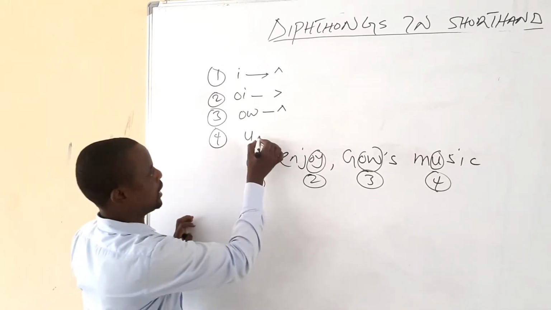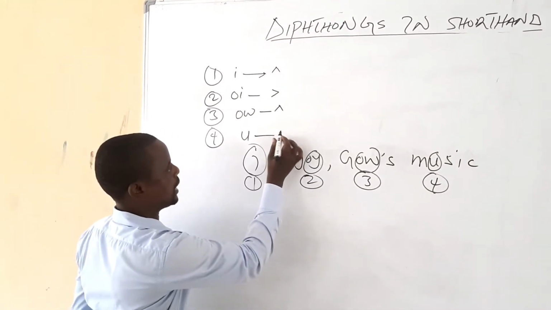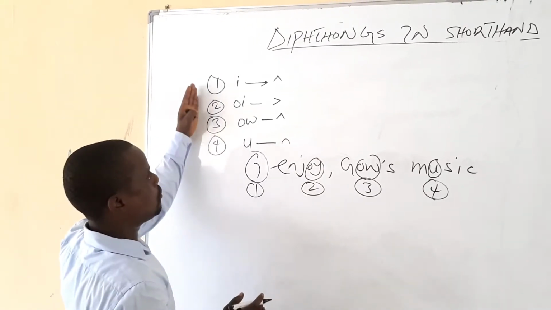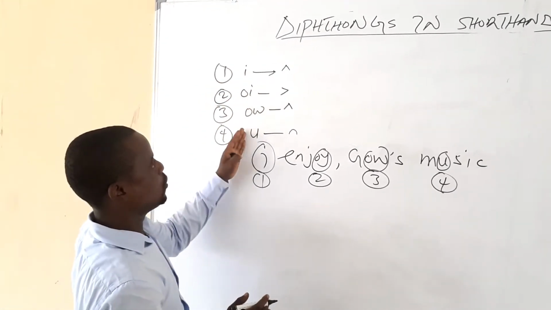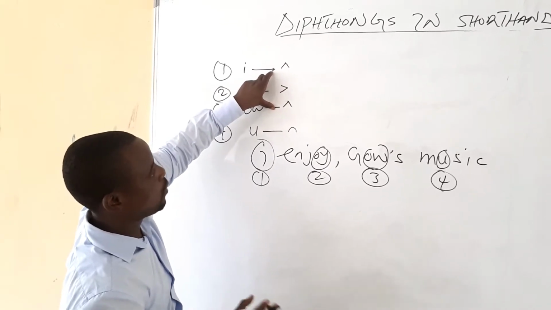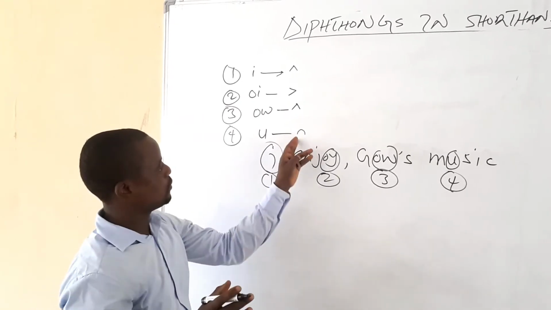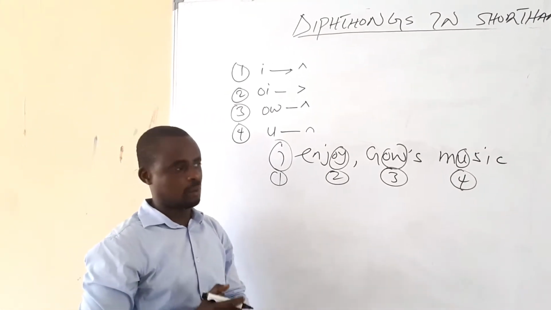Then we have the sign of diphthong U, which is a small semicircle. These are the 4 diphthongs that we have. The sign should be like this, small angular marks in different directions. Then we have diphthong U, whose sign is a small semicircle.